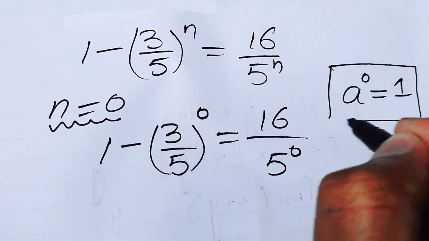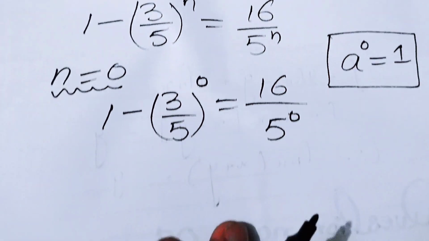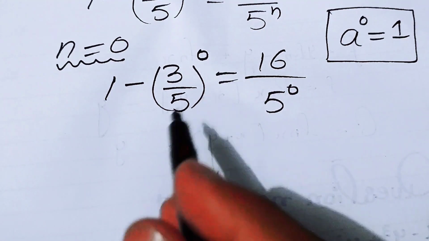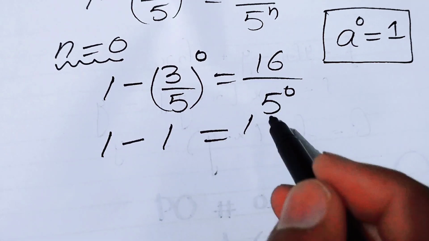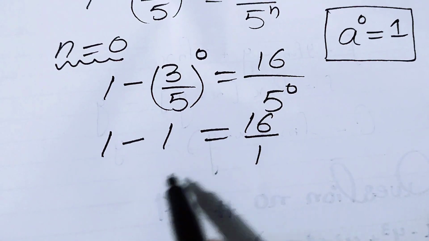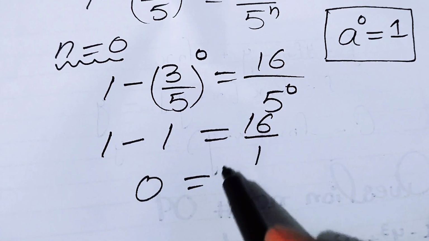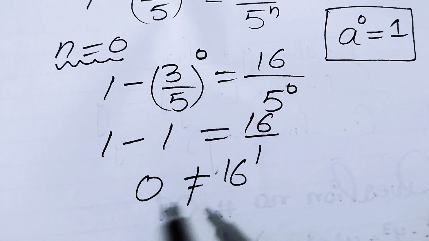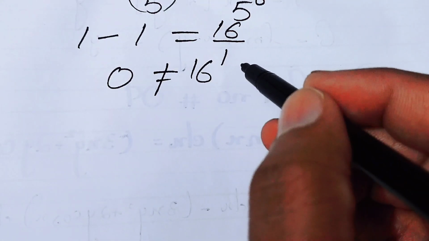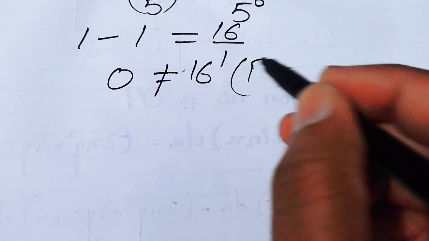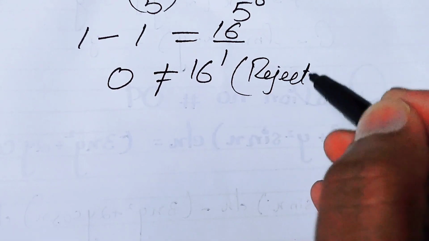So now we use this exponential law here, so that (3/5)^0 is equal to 1, and you get 1 minus 1 is equal to 16 over 1. So 1 minus 1 is equal to 0, and 16 over 1 is equal to 16. So this is not equal, and we can say that it is not possible, so we reject it.